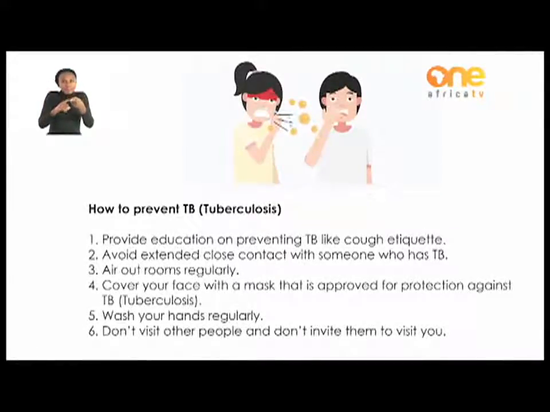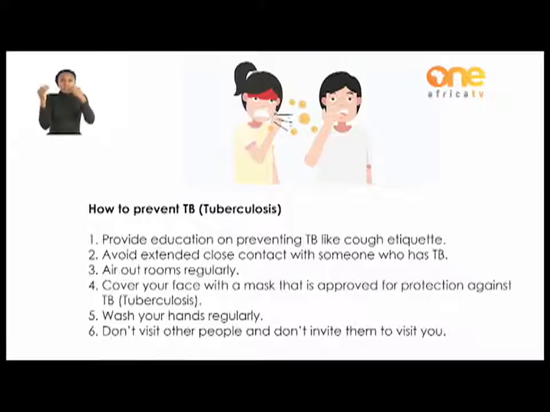First one, excuse me. Right. How to prevent TB? Provide education on preventing TB, like cough etiquette. Avoid extended close contact with someone who has TB. Number 3, air out rooms regularly, which means you should open the windows and keep the air well ventilated.